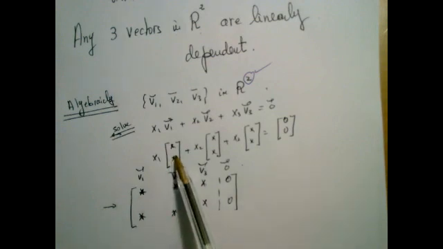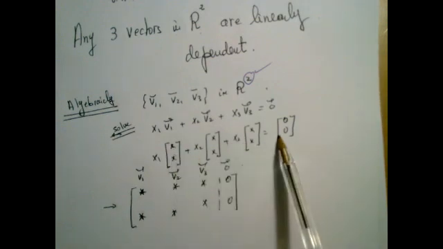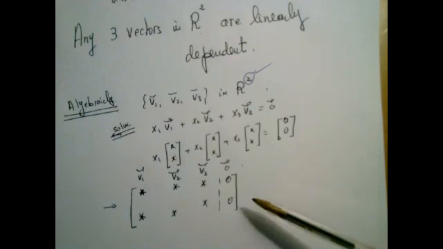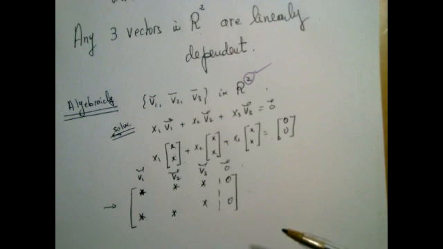Now I go back to you. The system that corresponds to this matrix is a system of 2 equations with 3 unknowns, X1, X2, and X3. Another question to you. Are they dependent or independent? What can you say? It means, can I find a non-zero solution, or I cannot find a non-zero solution?